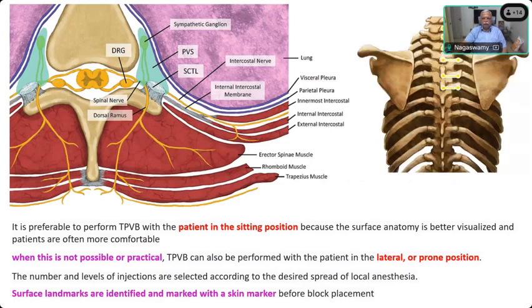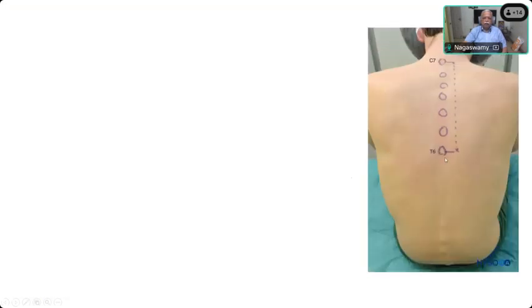This is just to give you an idea how the transverse process and the spinous process are located, especially in the thoracic area. And this is how the markings are done. You mark all the spinous processes in the center, and then 2.5 centimeters lateral to that, you mark a dotted line along that, and then every 2.5 centimeters, this will be the point of entry.